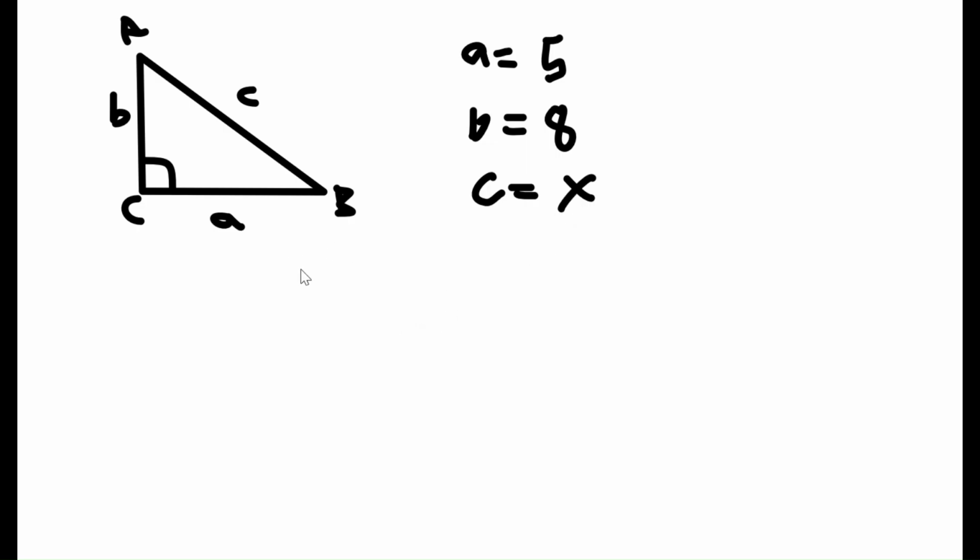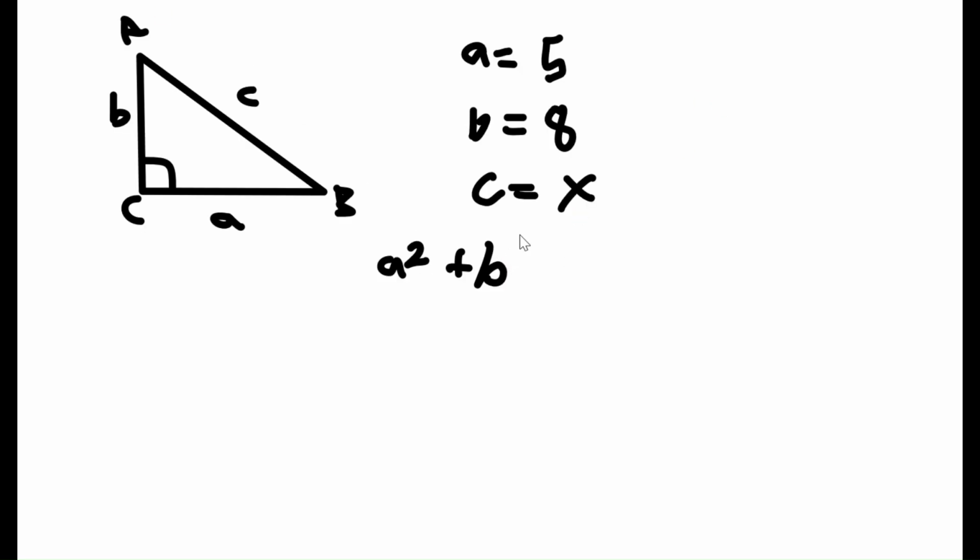So we can now use the Pythagorean theorem, which is a squared plus b squared is equal to c squared, where a is 5 squared plus 8 squared is equal to x squared.